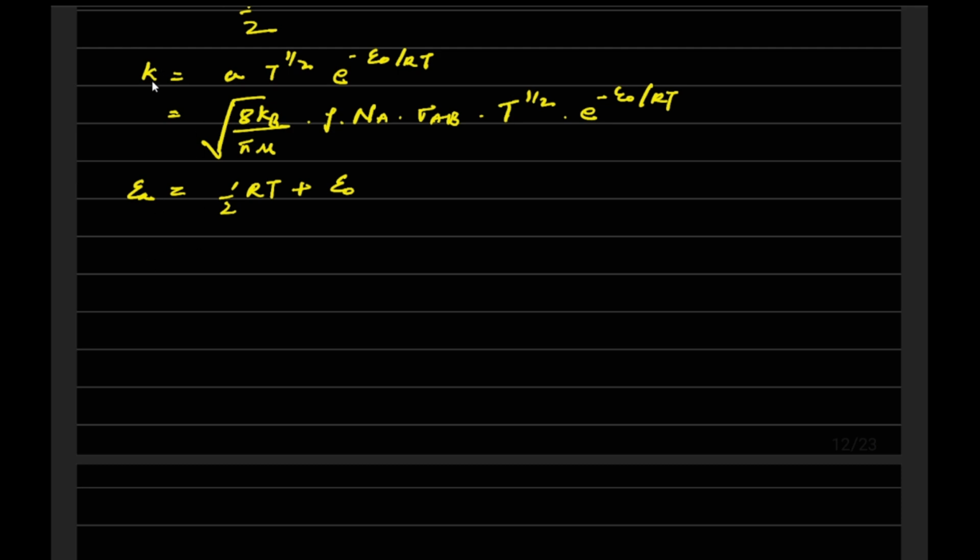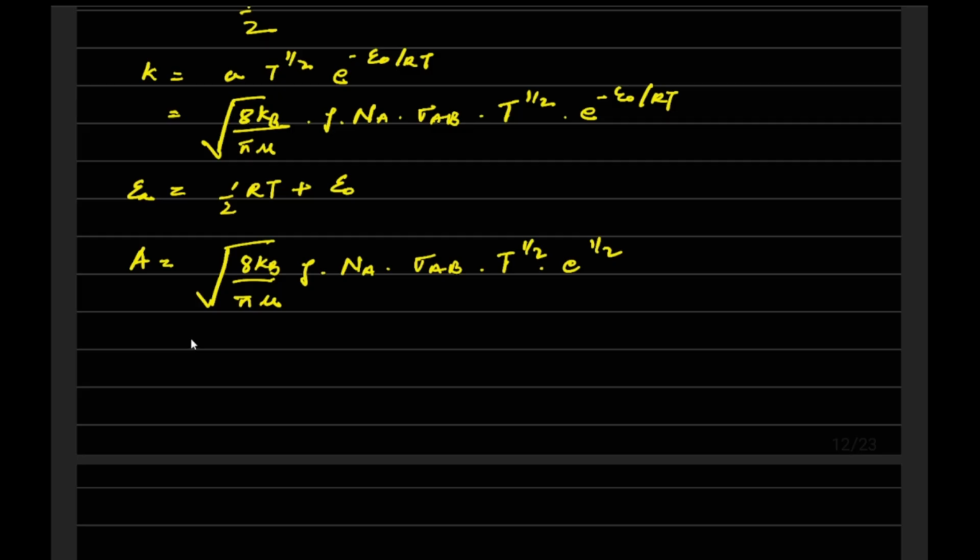Yeah, this is Ea, this is k, this is the activation energy, and we have capital A, that is the Arrhenius constant or frequency factor or the exponential factor, where A is equal to a e to the power n. So this is A.